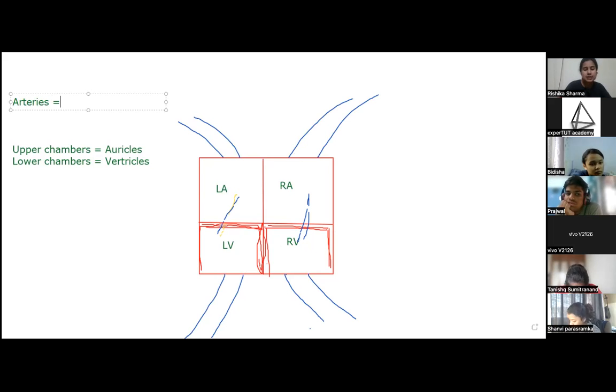Your arteries always carry oxygenated blood. Your veins always carry deoxygenated blood. That means carbon dioxide containing blood.